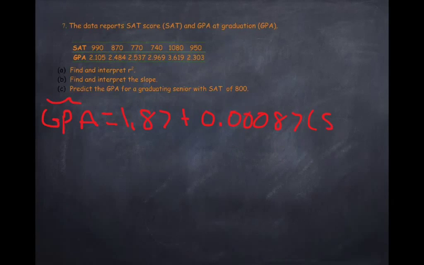And so what we're going to do is plug in 800 for SAT. You're going to times your SAT, the 800, by your slope, and then add it to your intercept. And so if you do that, you should get 2.58. If you do this with the scatter plot on your calculator, you should get the exact same answer. And so this is just the way I prefer to do it. There are other ways.